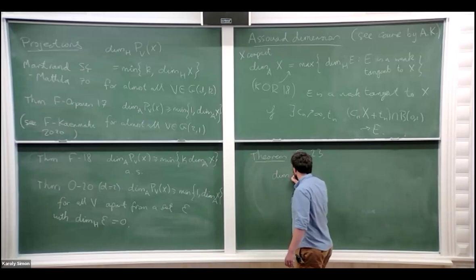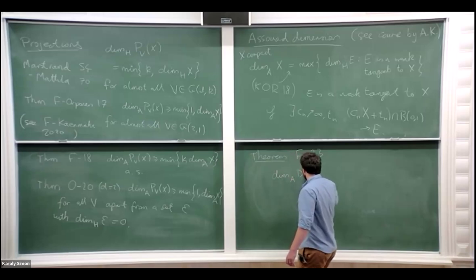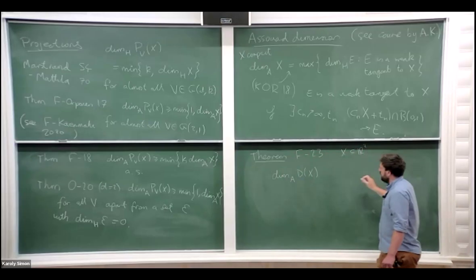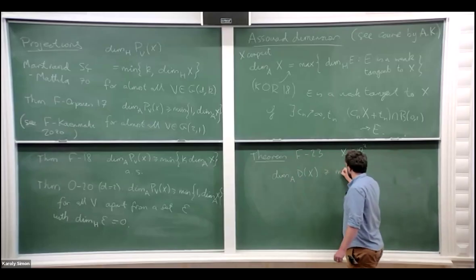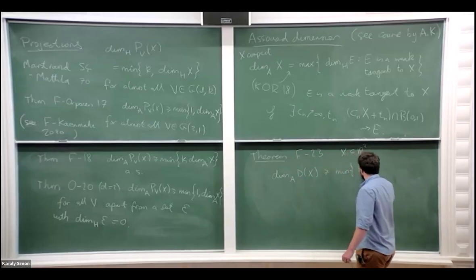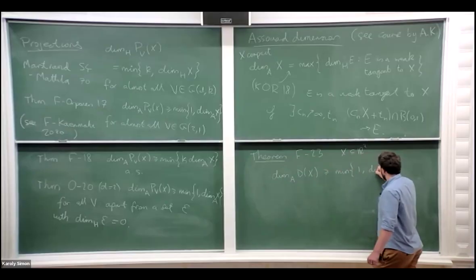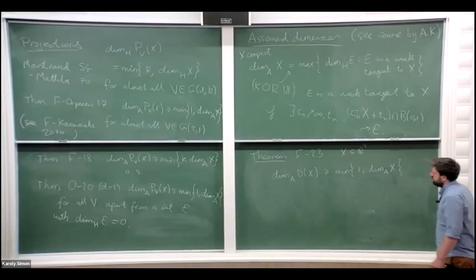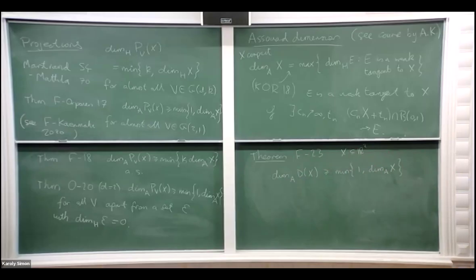So the solution looks something like this. The Assouad dimension of the distance set of X, a compact subset of the plane, is at least the minimum of 1 and the Assouad dimension of X. So this answers the question because if the Assouad dimension has to be bigger than half the ambient spatial dimension, well, the ambient spatial dimension is 2.